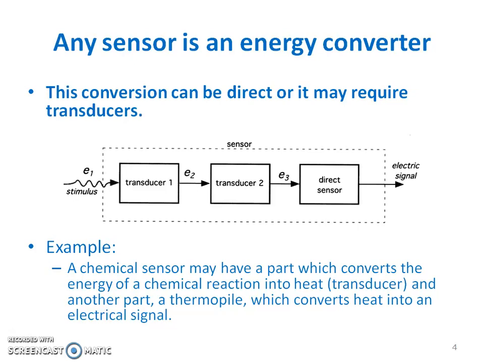For example, a chemical sensor may have a part which converts the energy of a chemical reaction into heat, and another part, a thermopile, which converts heat into an electrical signal.